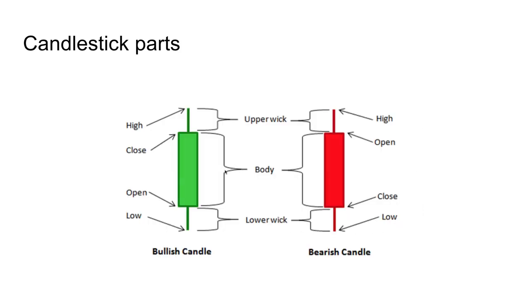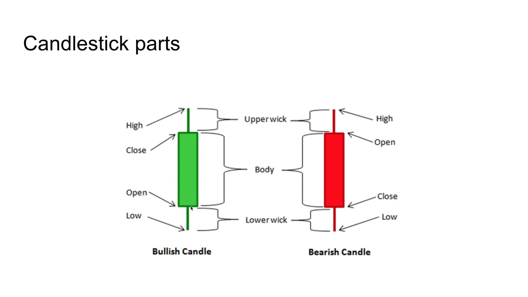Now, candlesticks have parts. If it's a green candlestick, the opening price, depending on the time frame, starts at the bottom. So if it's a green candle, you start here and it closes here. Also, these wicks right here are called shadows. They represent the highs and the lows during that time period. Let's say this is a 1 minute candle.